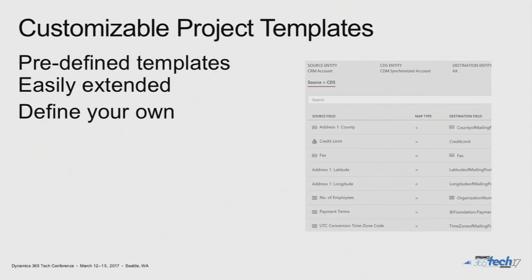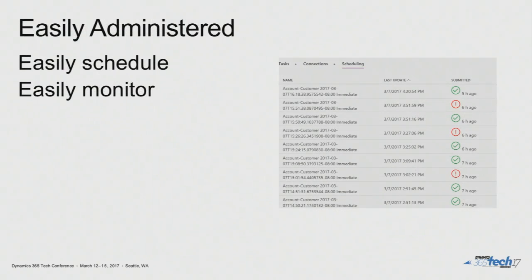So the first concept is that we're going to ship a set of predefined project templates, and that's basically what Christian was talking about, but they are customizable. You can change them. You can define your own templates. This could be either an ISV or the customer themselves. The goal is that they're easily administered. So this is just a slide from the existing bits as they come across.